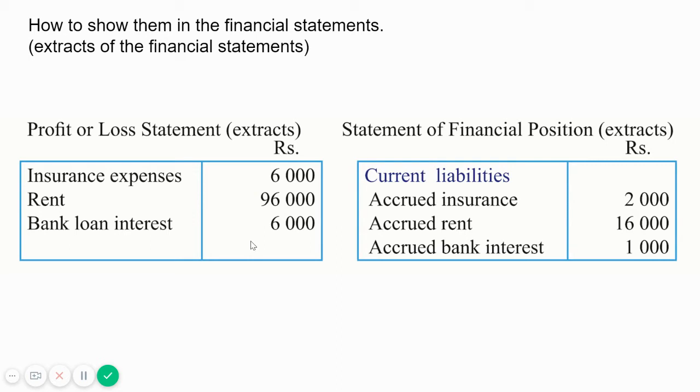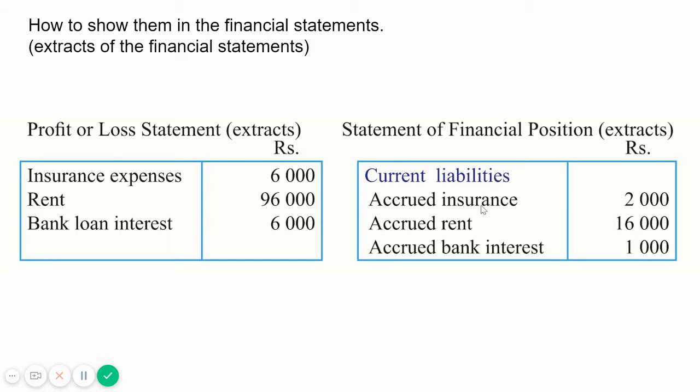Most of the time, accrued adjustments will be coming under expenses. So thereby they have shown the expenses. But when you are doing this, there will be some amount which you have not paid. The amount to be paid by the business, until we are paying it, is a current liability of the business.